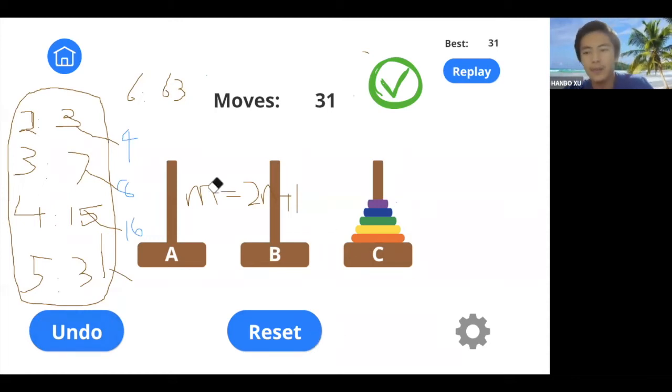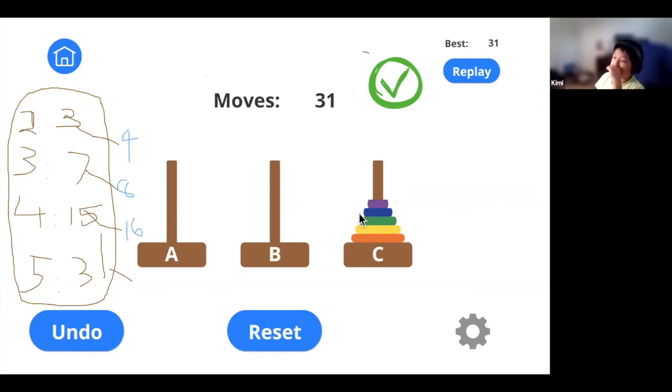So now that we found the pattern, does anyone want to try to guess at why this pattern exists? Can I ask a question? Go ahead. I think the 5 rings 31 might not be exactly the shortest amount of moves.